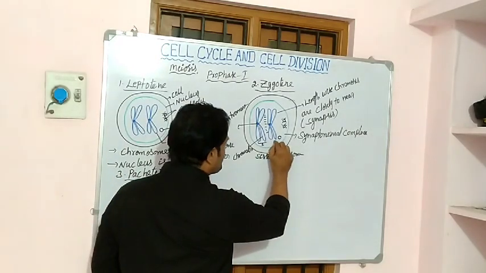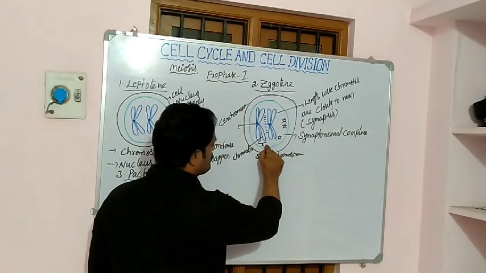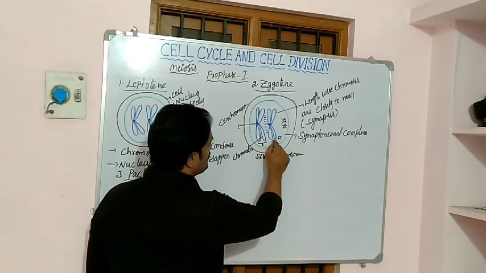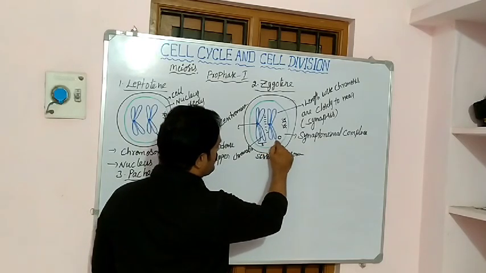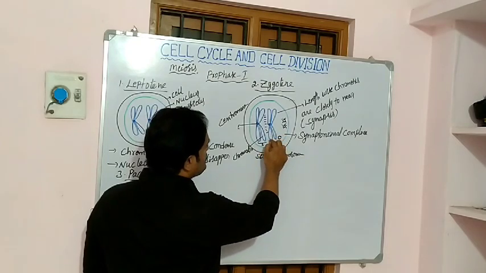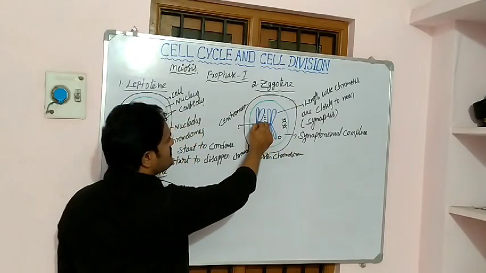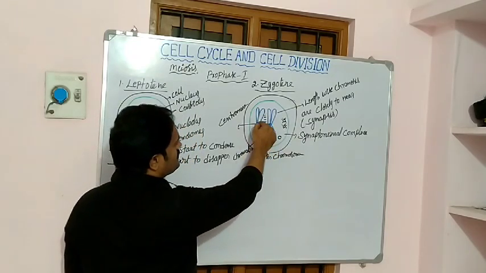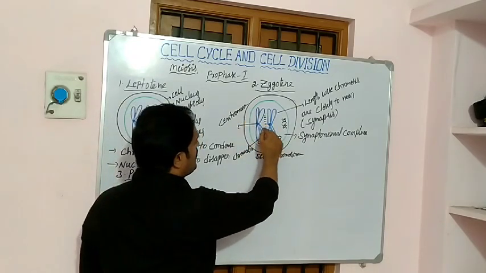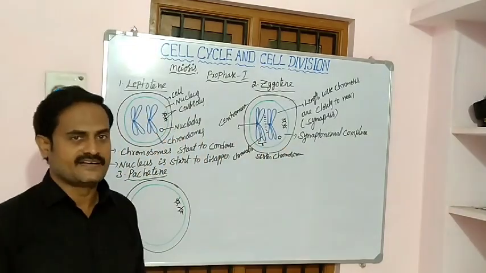See, these two are chromatids of different chromosomes. These two chromatids are on one centromere, and these two chromatids are on another centromere. So these are called non-sister chromatids.